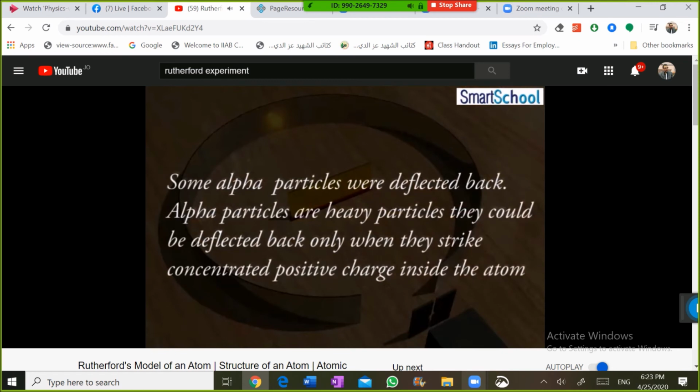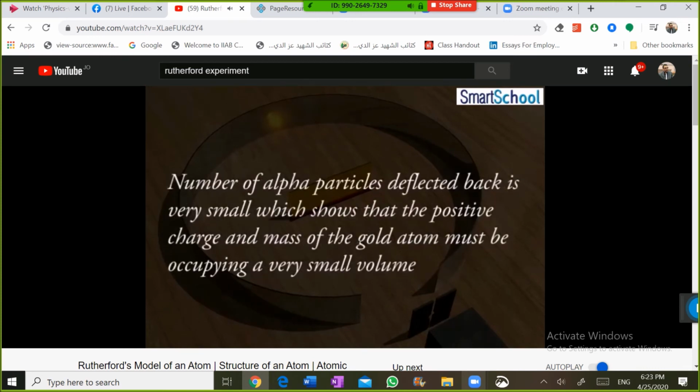Since some alpha particles were deflected back, alpha particles are heavy particles, they could be deflected back only when they strike heavily inside the atom. Since the number of alpha particles deflected back is very, very small, this shows that the positive charge and mass of the gold atom must be occupying a very, very small volume.